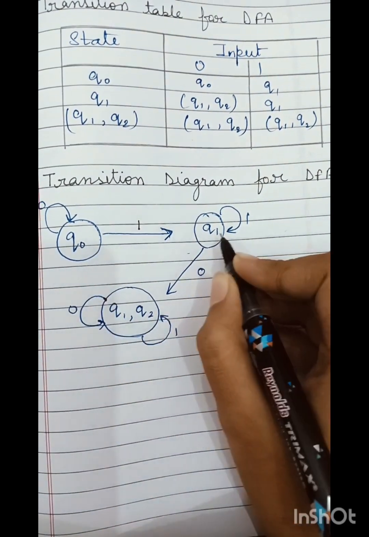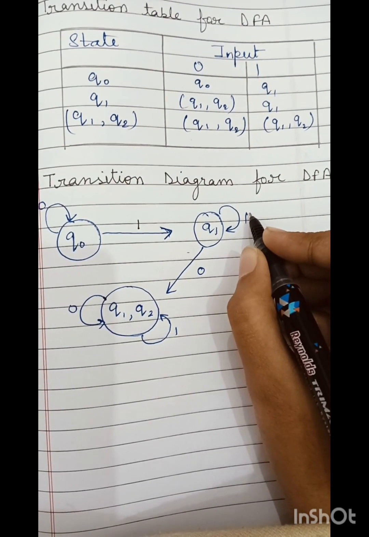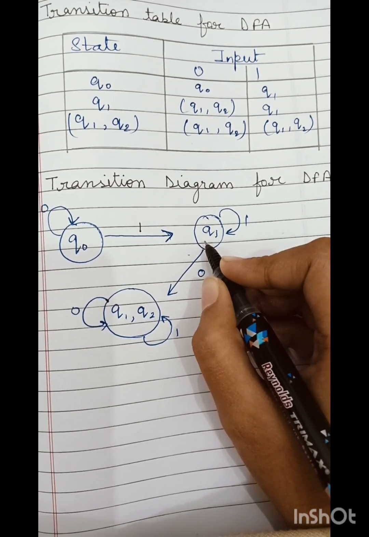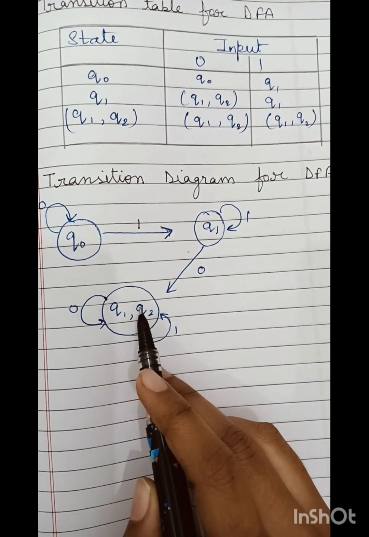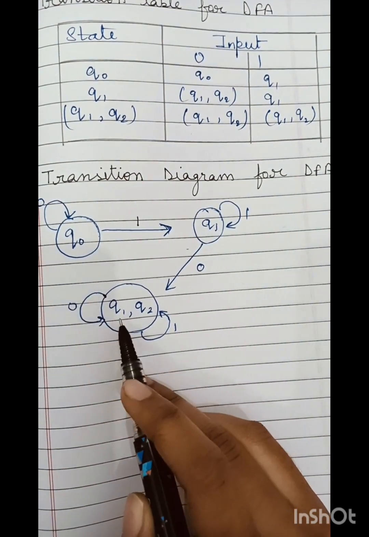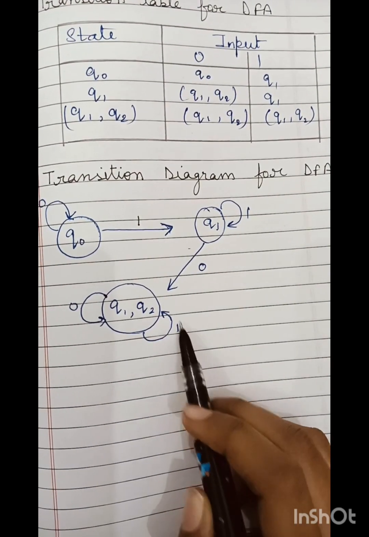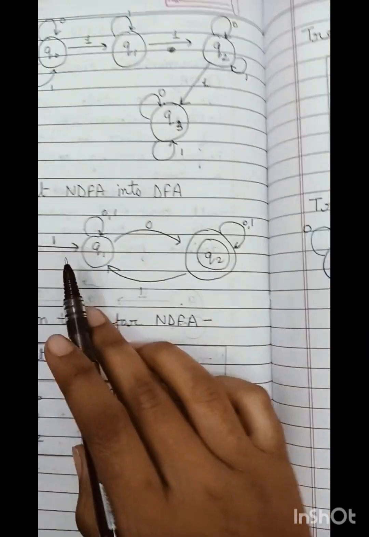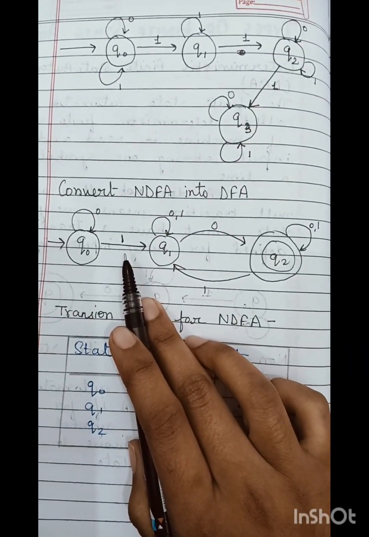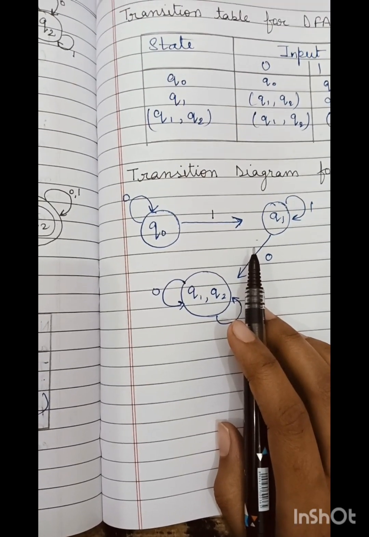When the input is 1, it gives Q1. For Q1, when the input is 1, it gives Q1, and when the input is 0, it gives Q1,Q2. And Q1,Q2 is the opposite case: on 0 it gives Q1,Q2, and on 1 also it gives the state Q1,Q2. So this was the conversion of the NDFA problem to a DFA. That is our final conversion.